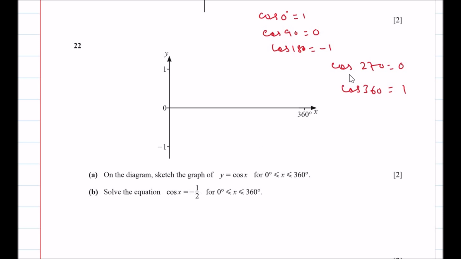These points are important to know to plot this. Easily you can find them from the calculator.